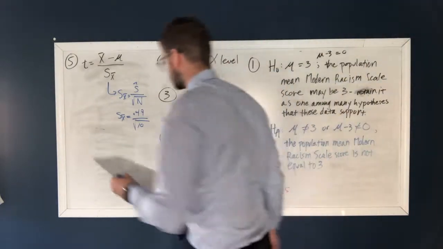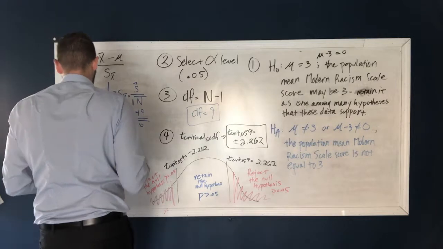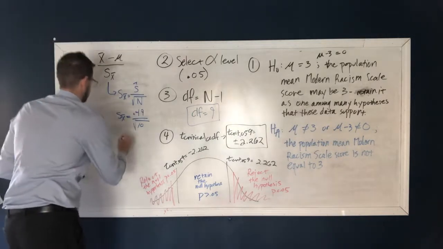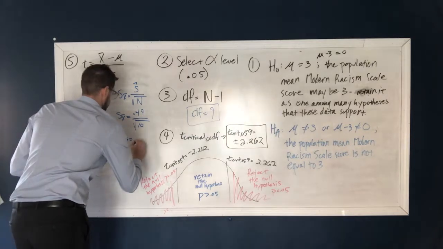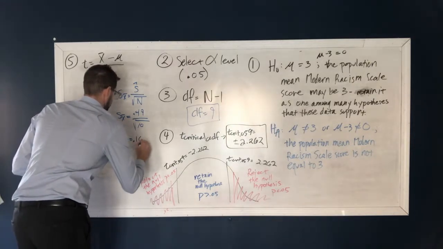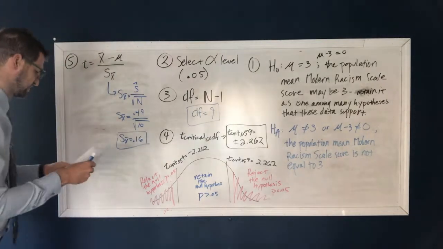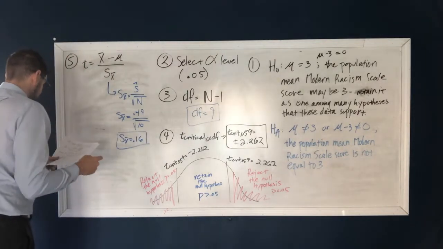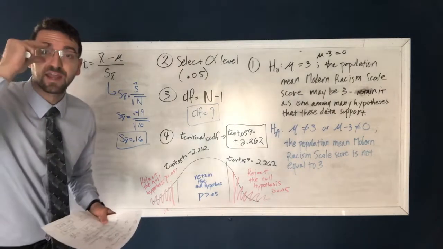So let's go ahead and do that. We'll round up in this case to 0.16. In my notes it's 0.15. Okay, so we have the denominator of the equation.